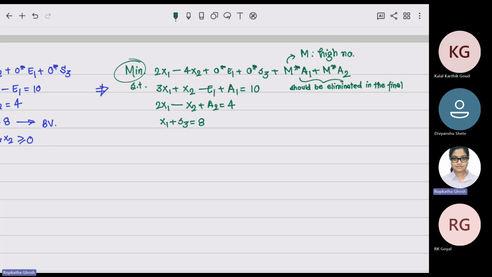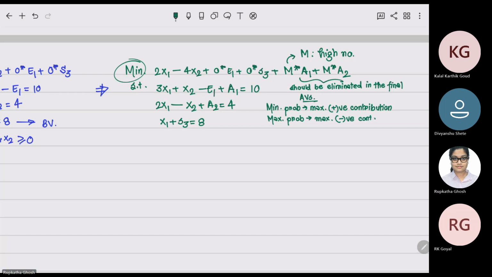But had this been a maximization problem, I'll just write it. For a minimization problem, we assume maximum positive contribution for these artificial variables. And for a maximization problem, we assume maximum negative contribution.